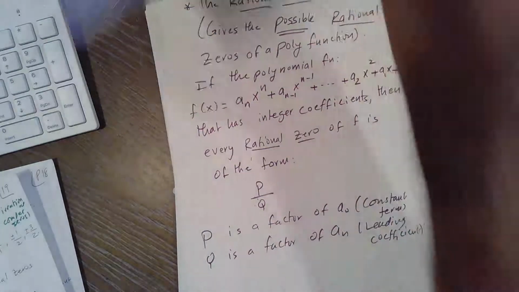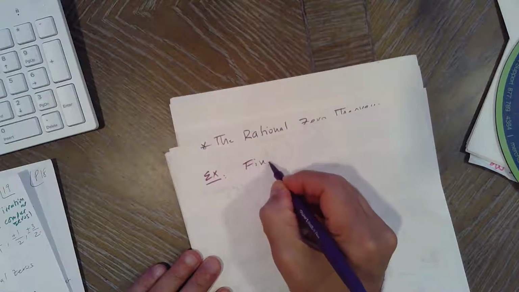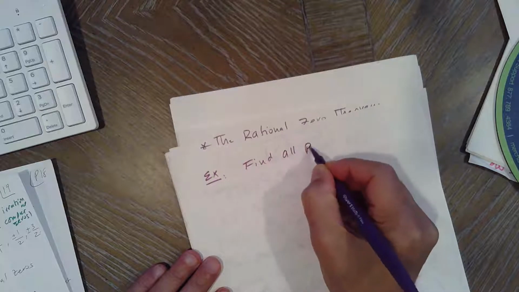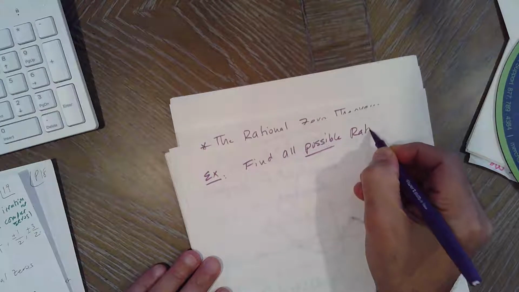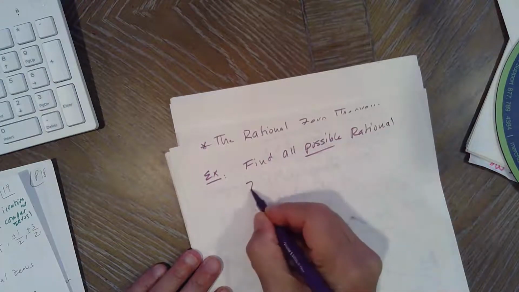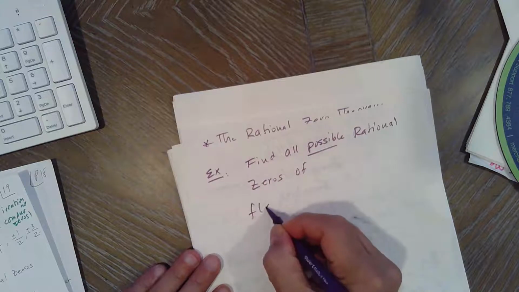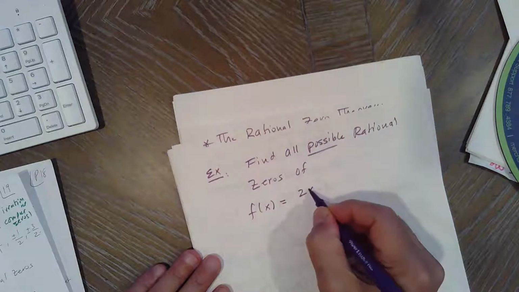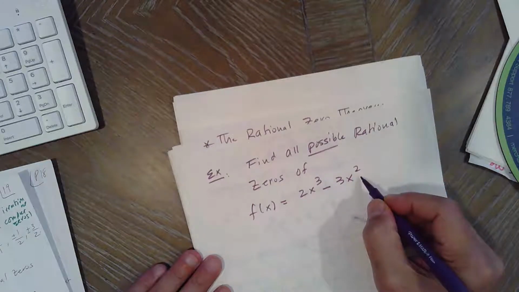Okay, so here's an example. Find all possible rational zeros of f of x equals 2x cubed plus 3x squared plus 3.